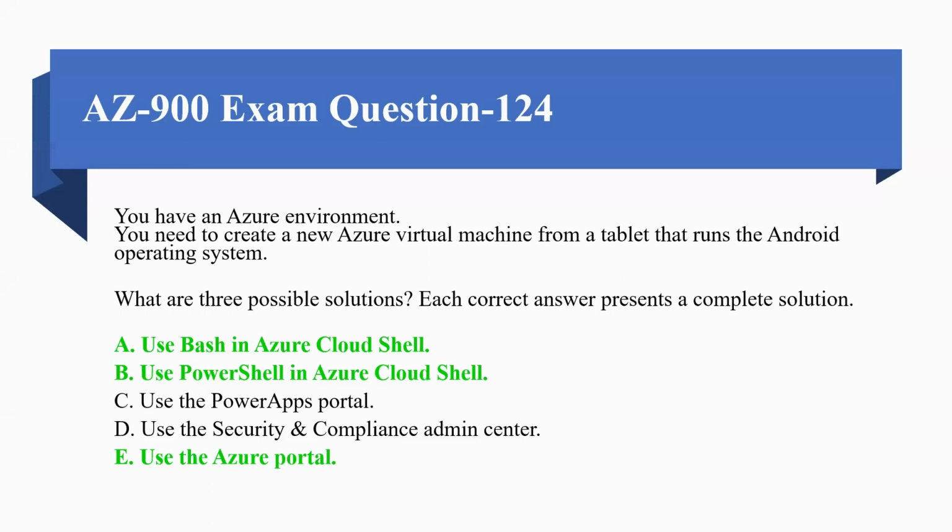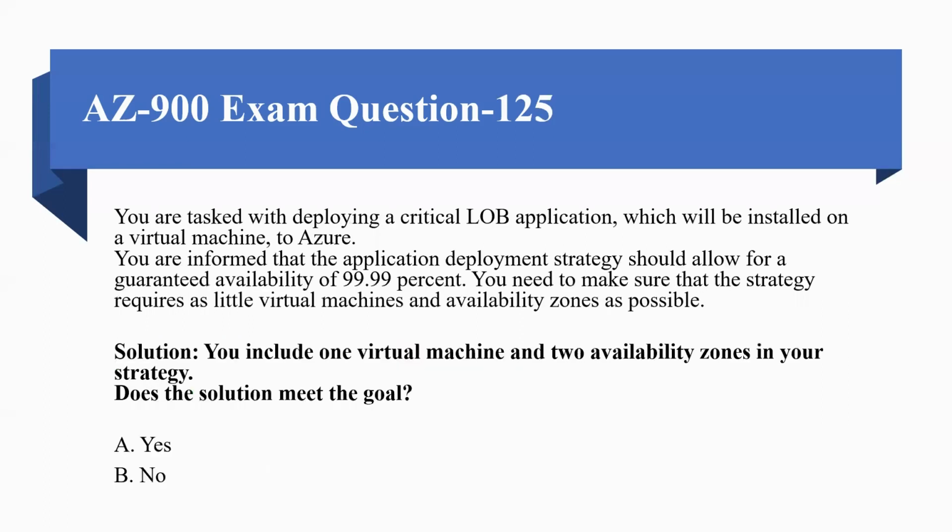Coming to the next question, you are tasked with deploying a critical LOB application which will be installed on a virtual machine to Azure. You are informed that the application deployment strategy should allow for a guaranteed availability of 99.99%. You need to make sure that the strategy requires as few virtual machines and availability zones as possible.